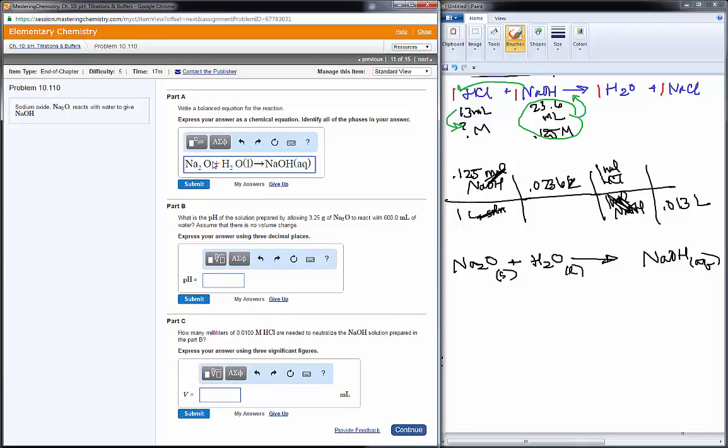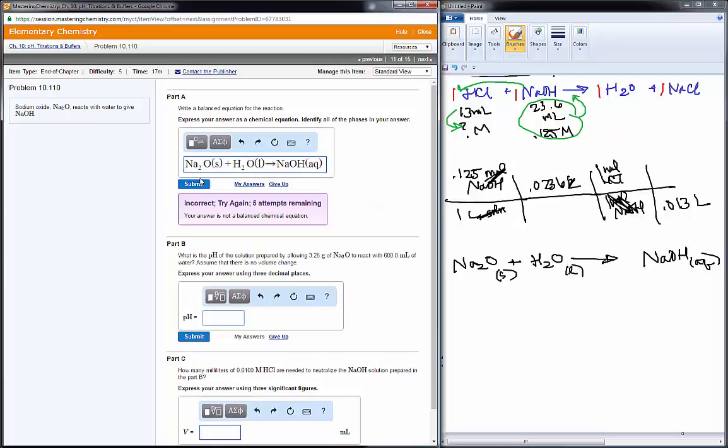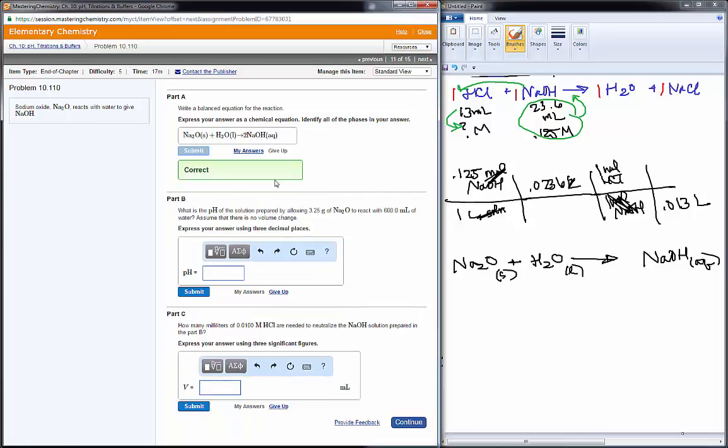It's going to be liquid because water is a liquid. And this is going to be solid because that's an ionic compound. Oh, it's not balanced. So I have the right equation, but I didn't balance it. All right, look at this. 2 sodiums. I need 2 sodiums. And that gives me 2 oxygens, which I have, and 2 hydrogens, which I have. All right, now it's balanced.